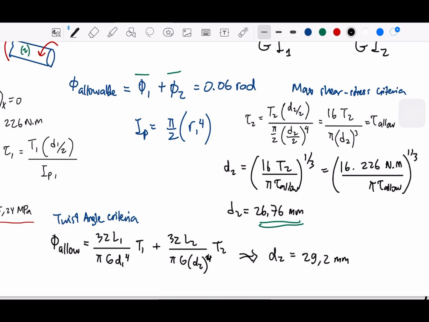If the question may be asking the nearest decimal. But if the questions may be asking definitely using the maximum stress, you can just answer this, and then it's okay. It's finished. But if it's just asking like generally, then you need to also consider if we have the deformations, the twisted angle.